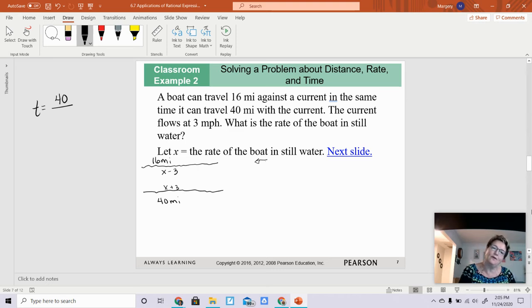So it'd be 40 miles over x plus 3, and that would be with the current. And then we'd have t equals 16 miles over x minus 3, and this is against the current.